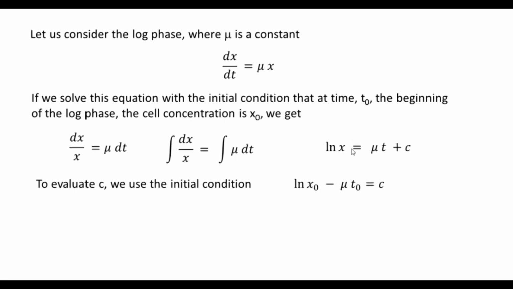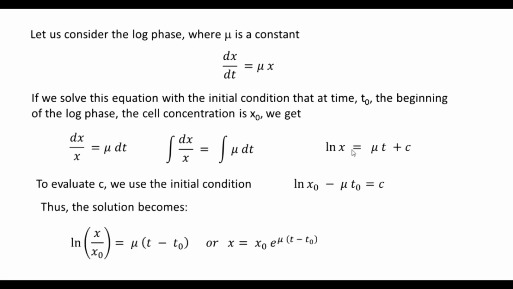If you substitute it back into the expression, the solution becomes ln x equals mu t plus ln x0 minus mu t0. If we combine similar terms on either side, then ln of x minus ln of x0, which turns out to be ln x by x0, since ln a minus ln b is ln a by b, equals mu into t minus t0, taking mu common.